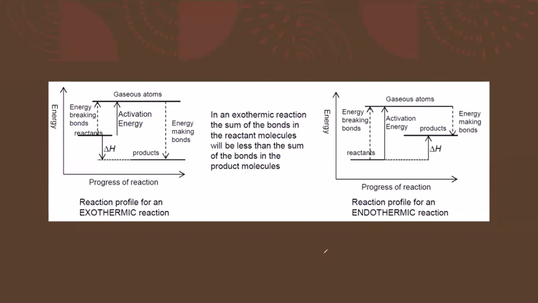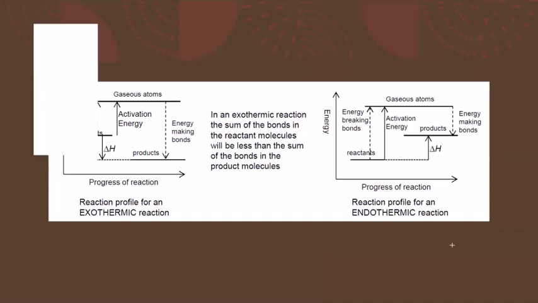During a reaction there is bond breaking and there is bond forming as well. For example, we have a reaction where we are burning methane, and this results in complete combustion, forming carbon dioxide and water.